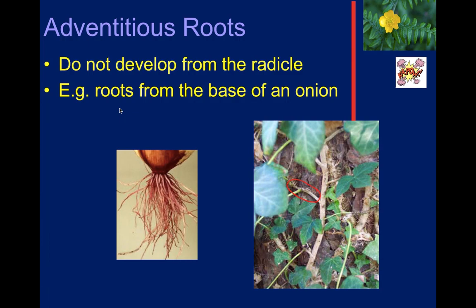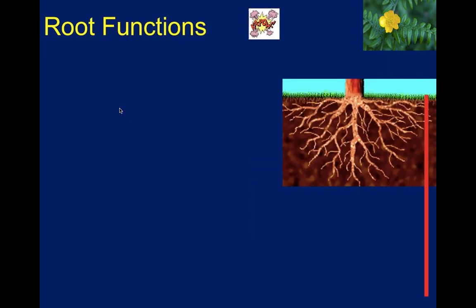Also, the roots at the base of onions come under adventitious roots. In reality, these are used by a plant if there was some type of flooding and its own roots can't work, the adventitious roots kick in, and you can see for the ivy that it isn't a root in the true sense of the word, as in it is not absorbing water and minerals at all.